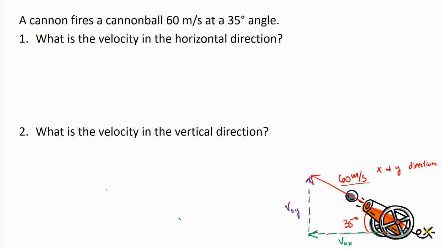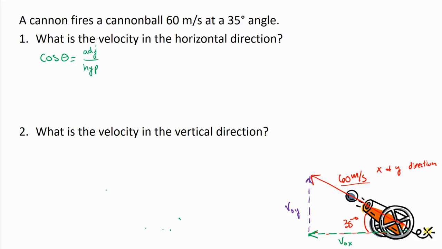So you go look at your trig formulas. We're going to be looking for the trig formula that has adjacent and a hypotenuse in it, and that's going to be cosine.